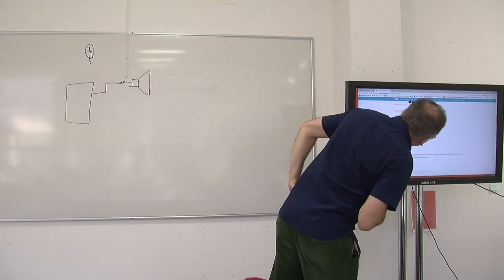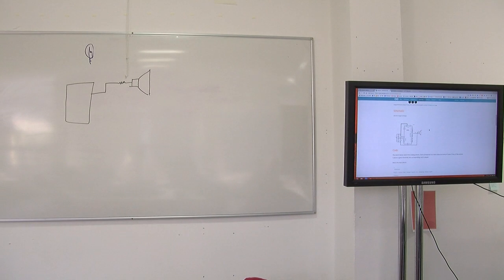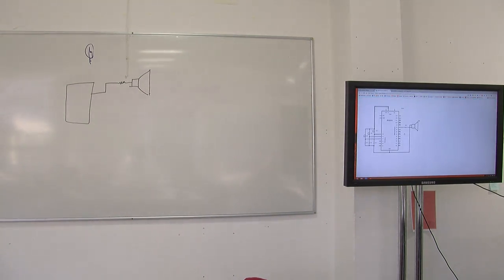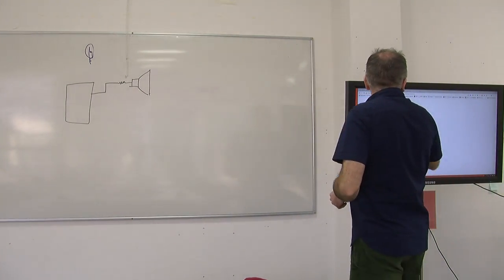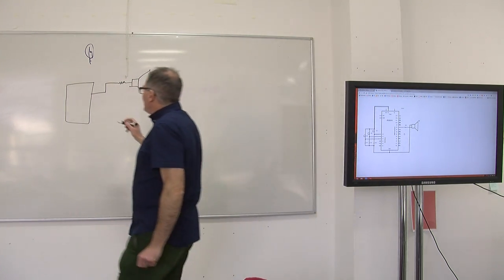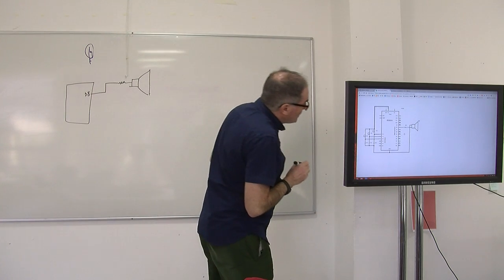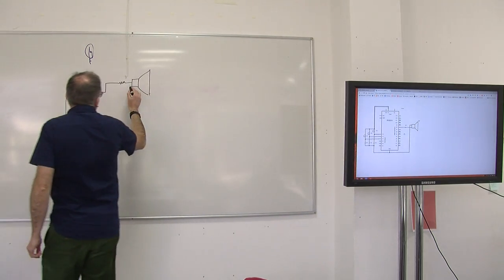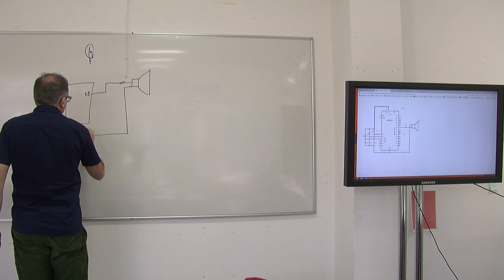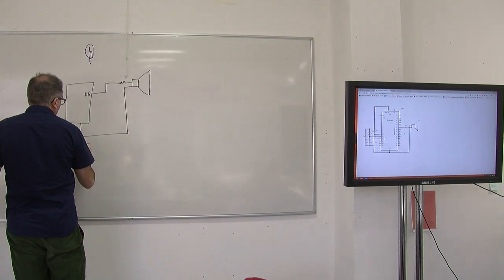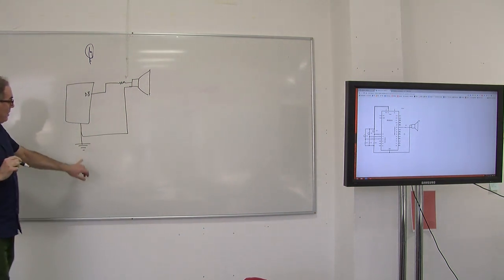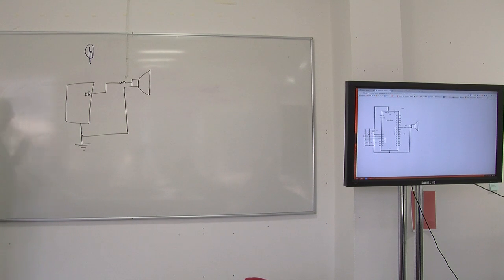And in this case, oh, hang on, maybe I can click on it. Yeah. So that's connected to digital port 8. And the other one is connected to the ground. Yeah? And remember, that symbol is the ground. So that's our circuit for the speaker.